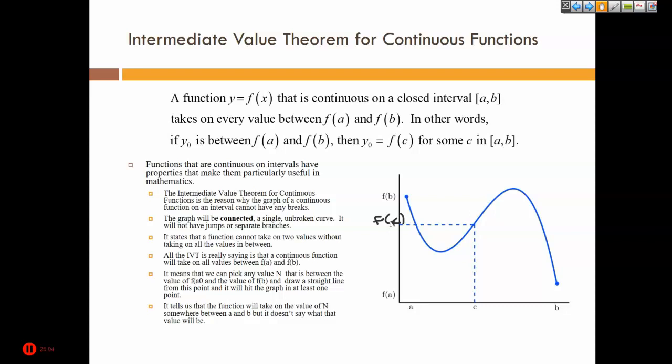So the answer would be yes. It still would hold true, but they're going to give you something that's a function.